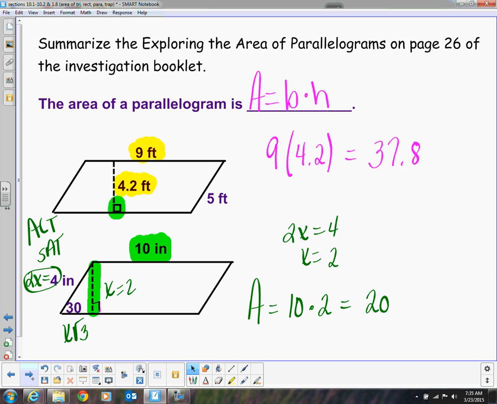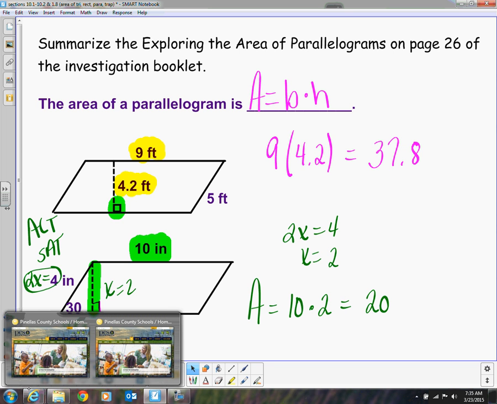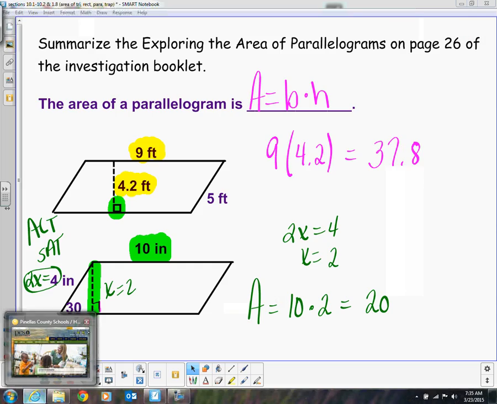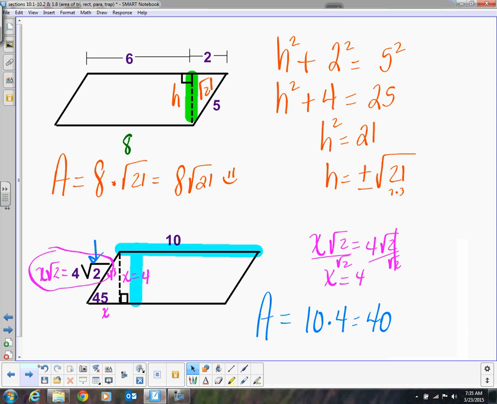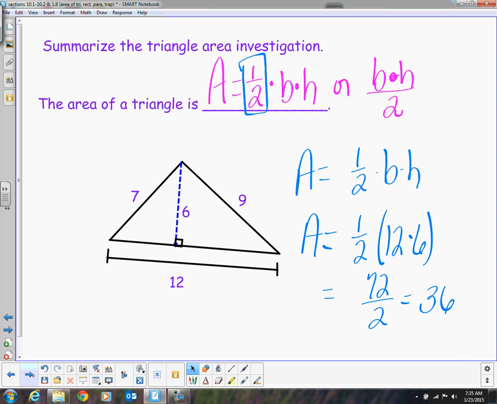No, on the investigation we had to draw a line that's one angle. Right, right. Possibly, but then you have to be able to figure out the area. That one? No. Oh, that one. Yeah. Okay. So now we're going to do more triangles.